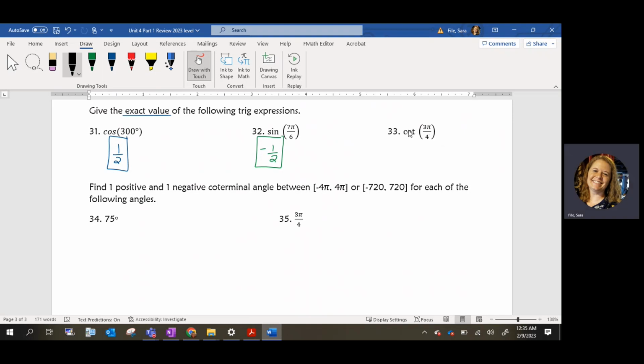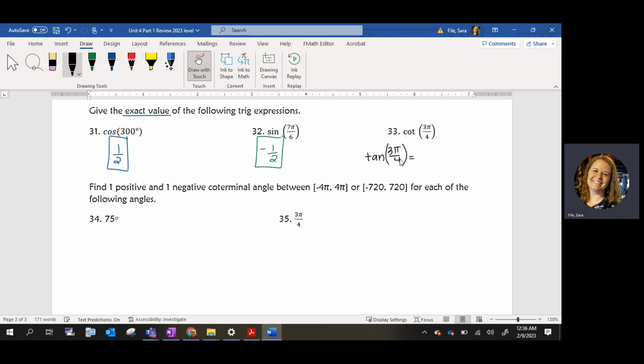Now this one's a little trickier because it's cotangent, which is not written on our unit circle, but its reciprocal is. So if I want to know what is cotangent at 3 pi fourths, let me go ahead and answer what is tangent at 3 pi fourths.